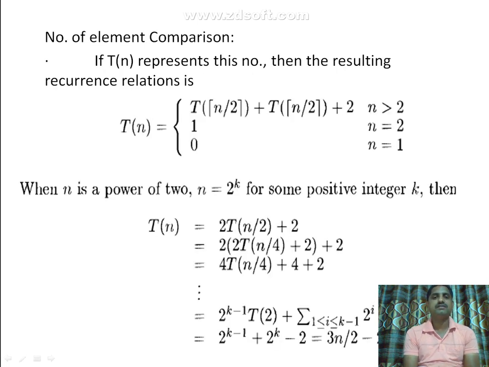And the number of comparisons: T(n) equal to T(n/2) plus T(n/2) plus 2 if n greater than 2; if n equal to 2 it is 1, and if n equal to 1 it is 0.